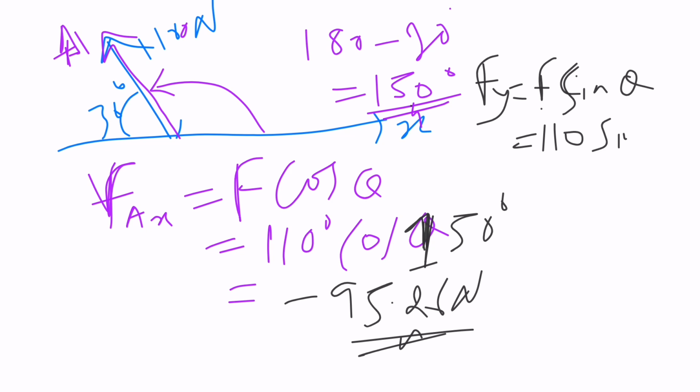Then sine, what is our theta? It's 150. So when you punch 110 sine 150 on the calculator, it gives you 55 Newton. Please take note of this. That is our first component.